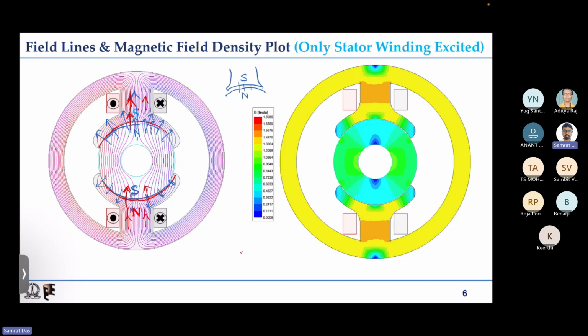Now it seems that there is no torque in this case, so there is no net movement of the rotor, because if we consider the rotor, say some force that is acting, say F R1, that is acting in the upward direction.